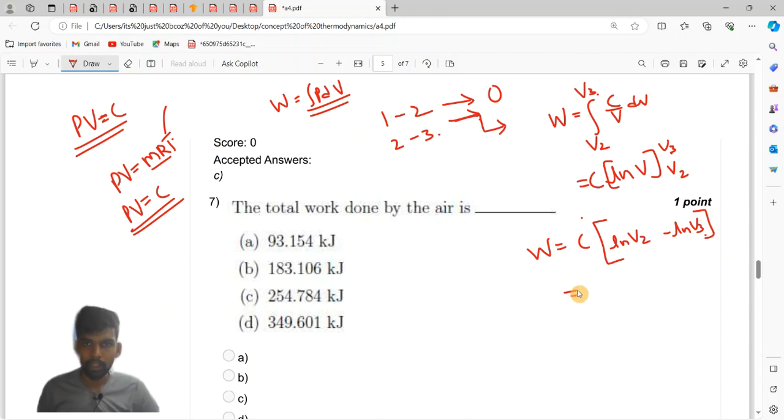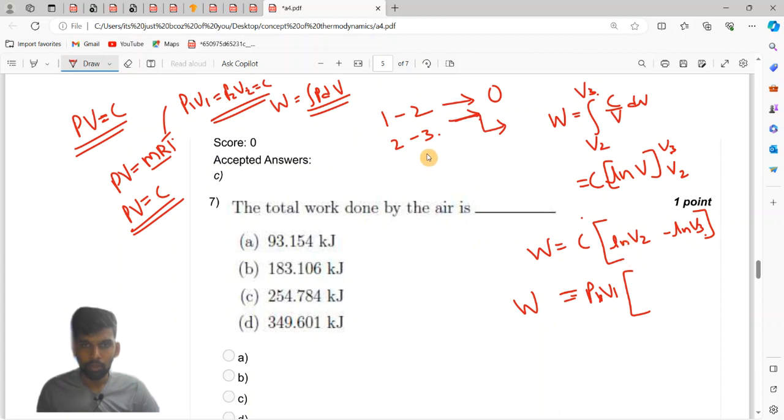C we can write as, since PV is equal to constant, P1 V1 or P2 V2 is equal to constant. Whatever you find convenient, you can write it like this.